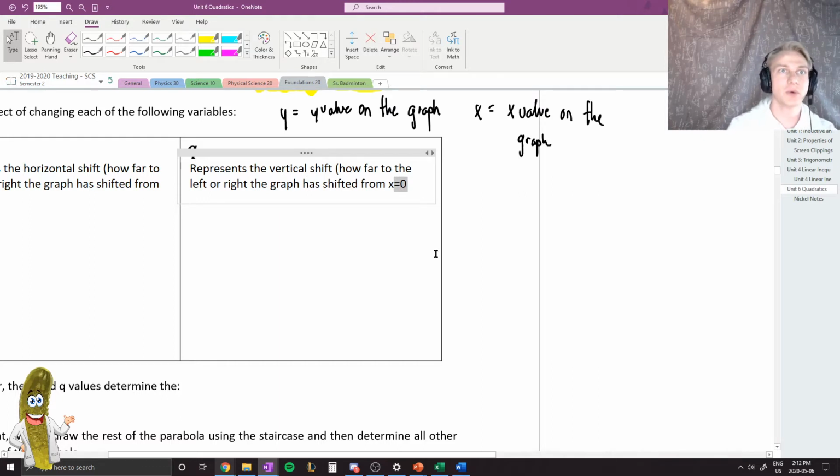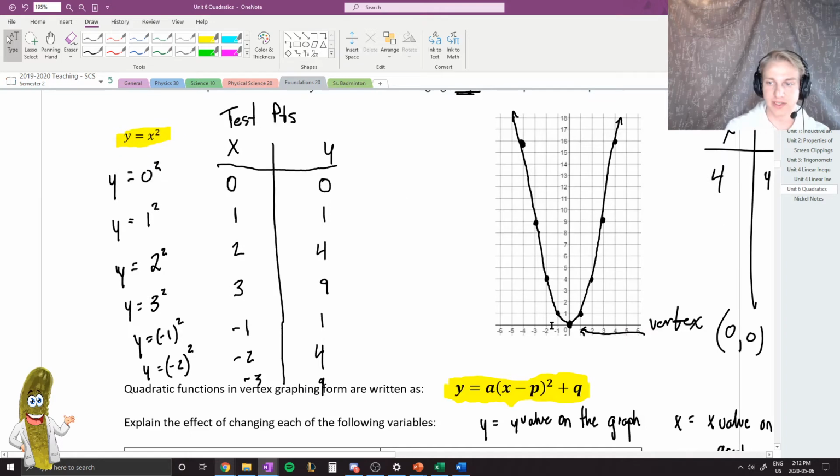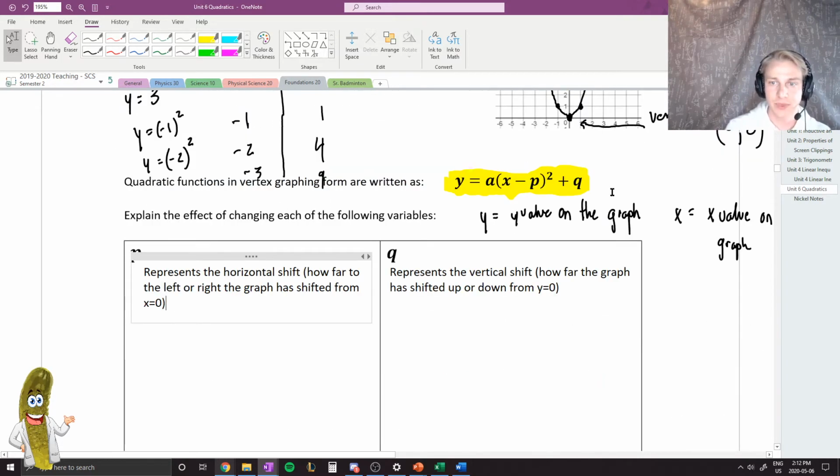And so what that will do is tell us how far the graph has shifted up or down from y is equal to 0. Again, we said with the last graph that the vertex was at the point 0, 0, where x was equal to 0 and y was also equal to 0. This p-value and this q-value will shift what direction our graph is going to go.